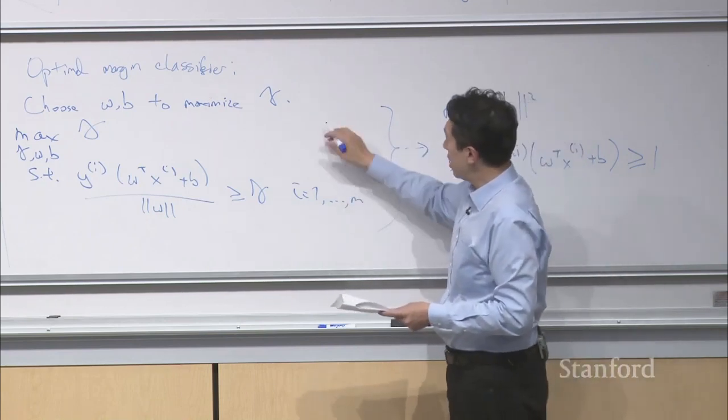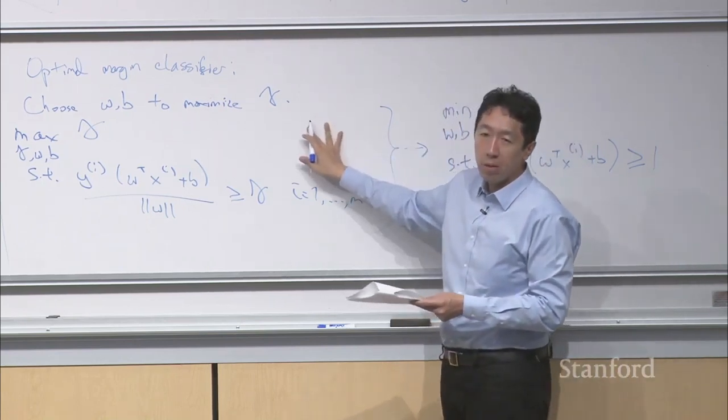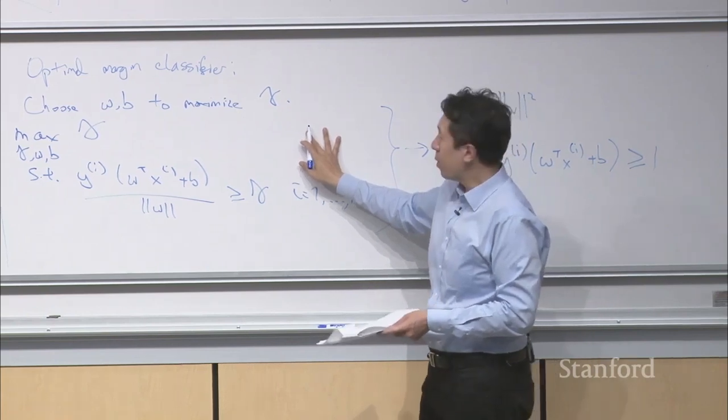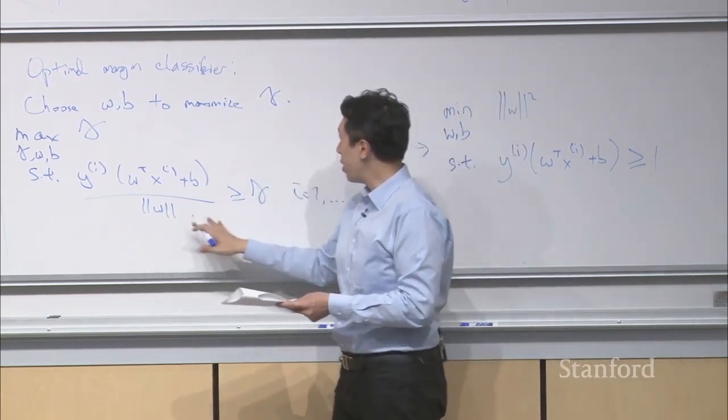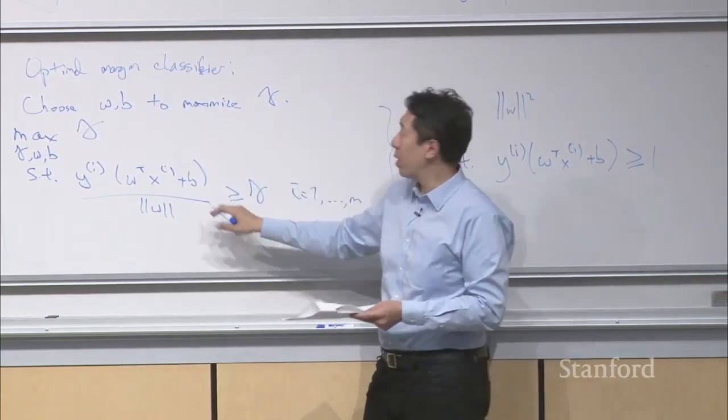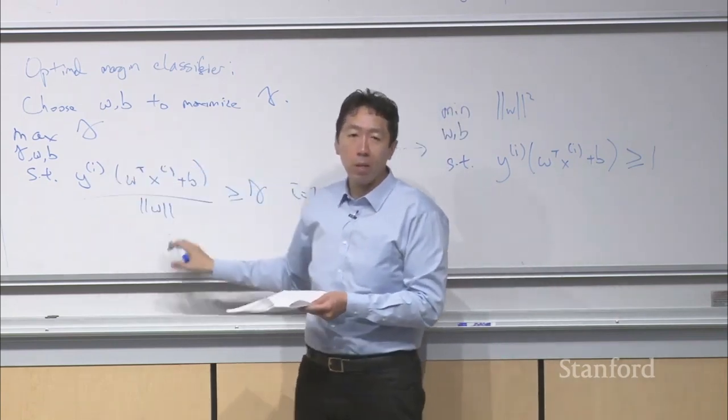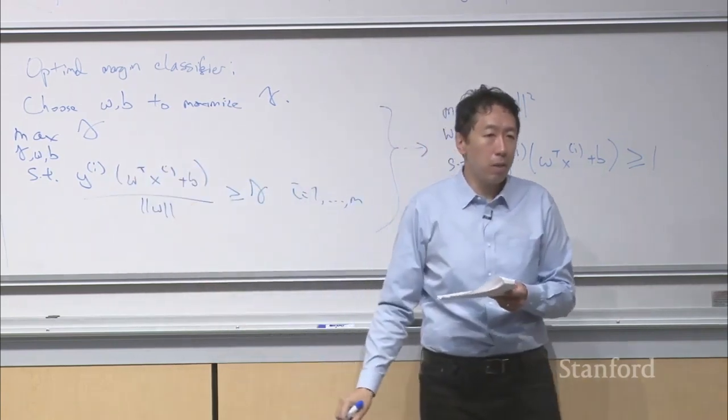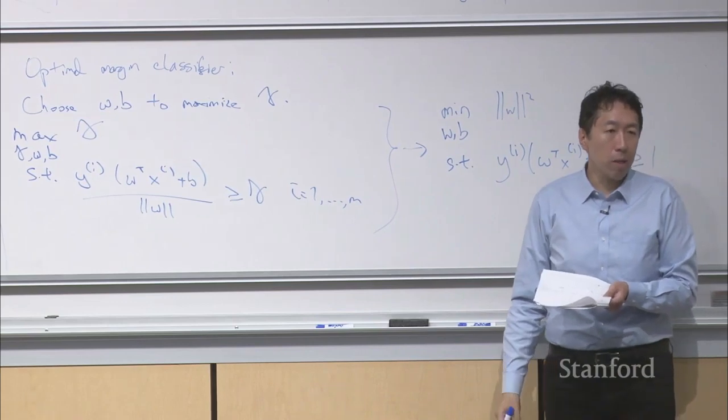I hope this problem makes sense, right? Solve for W and B to make sure that every example has geometric margin greater than or equal to gamma, and you want gamma to be as big as possible. So this is a way to formulate an optimization problem that says maximize the geometric margin.